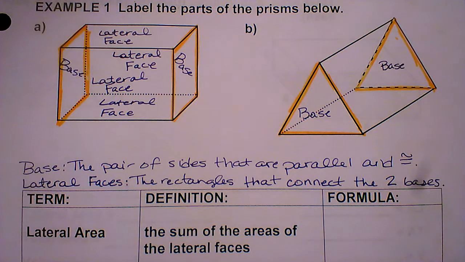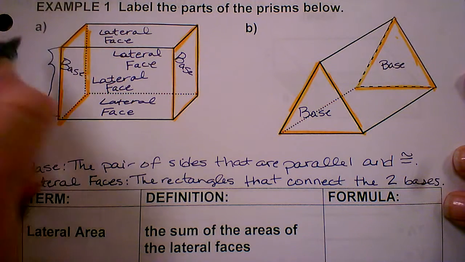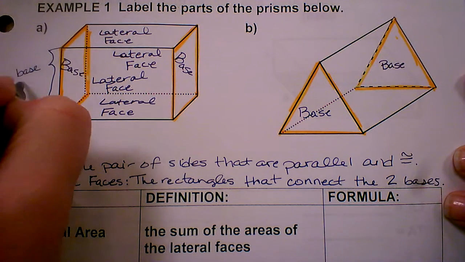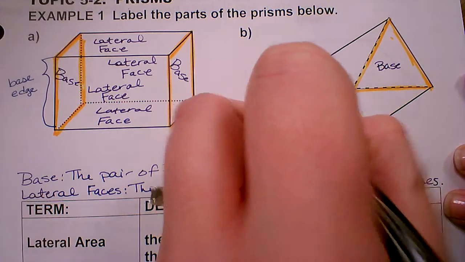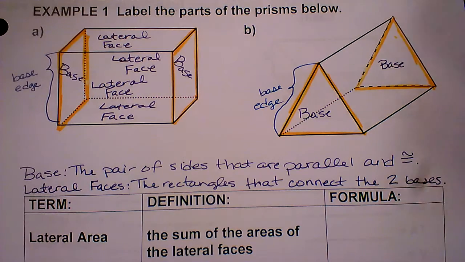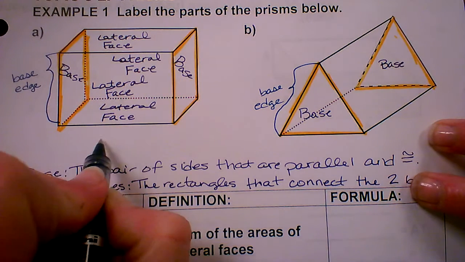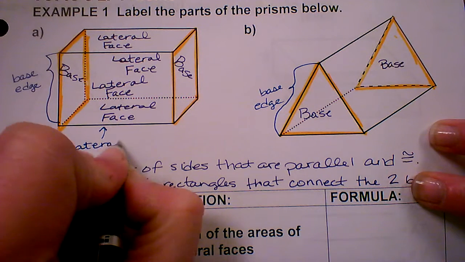Now we actually have the edges named something specific. The ones on the bases we're going to call a base edge. It's literally the edge of the base, so it's those line segments. And then the edge on the lateral face is called a lateral edge.